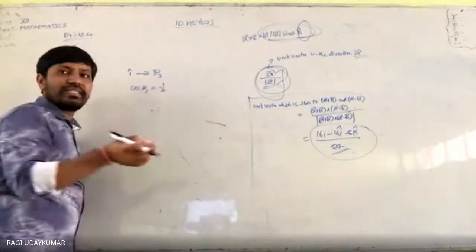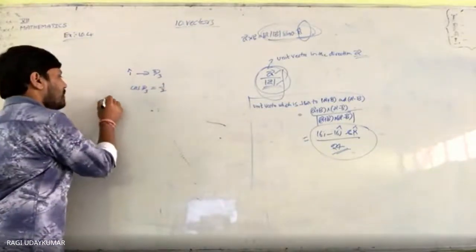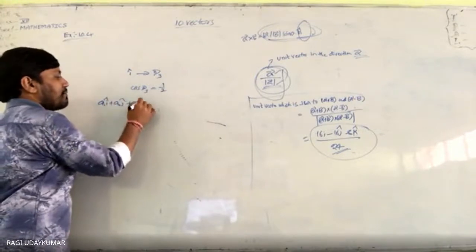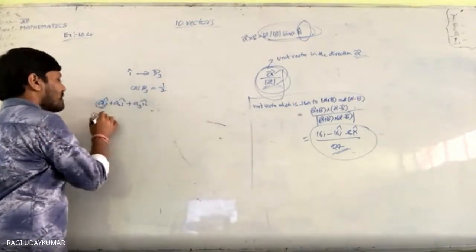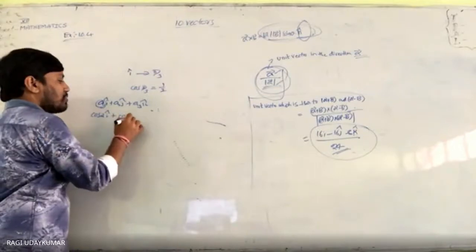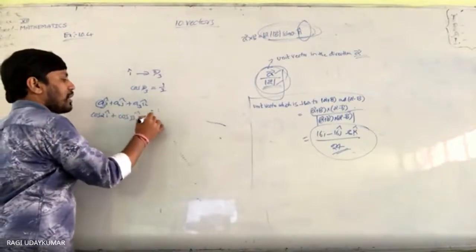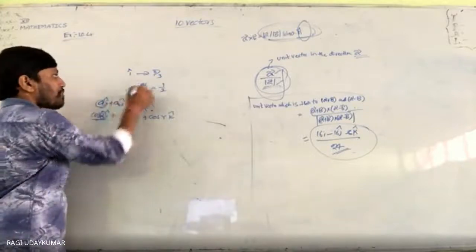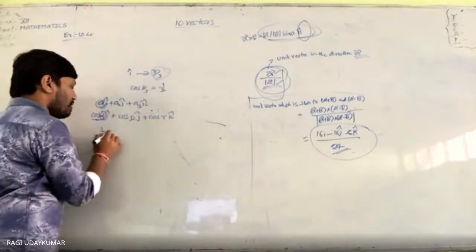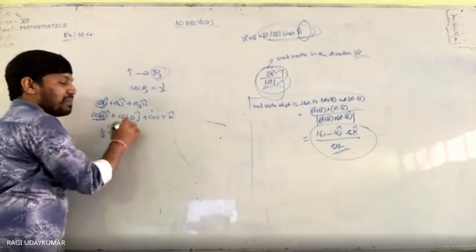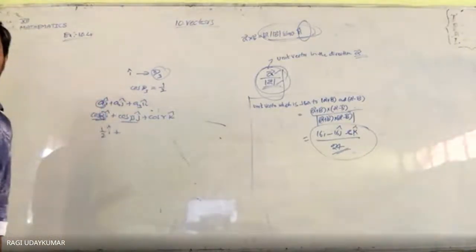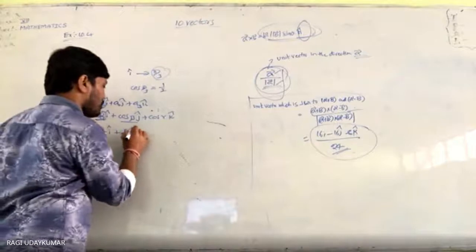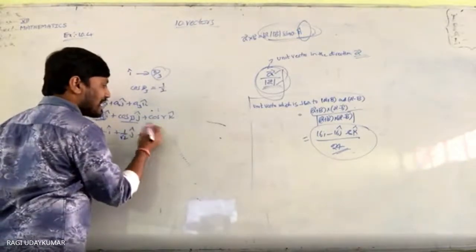So this is A1 I plus A2 J plus A3 K, which is cos alpha I, cos beta J, cos gamma K. Alpha is pi by 3, so cos pi by 3 is 1 by 2 I, plus cos beta, which is 45 degrees, 1 by root 2 J, plus cos gamma.